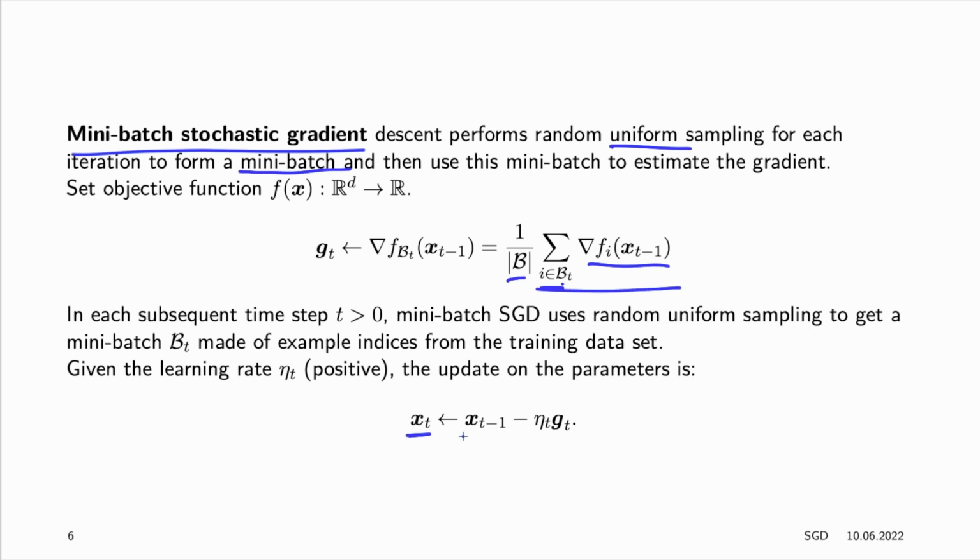x_t is set to the previous x_{t-1} minus our mini-batch gradient g_t times, again, a small learning rate eta_t. Now, of course, if we're sampling the mini-batch, we have to think about the sampling scheme. We said before that we're sampling uniformly. You can sample either with replacement or without replacement.